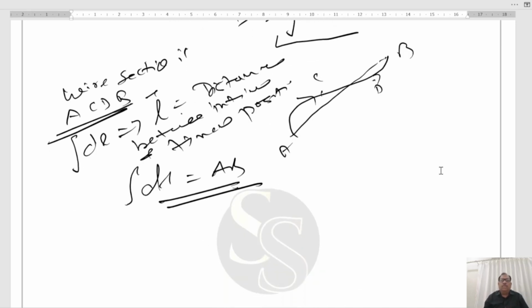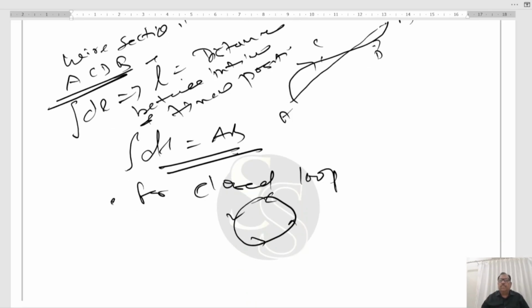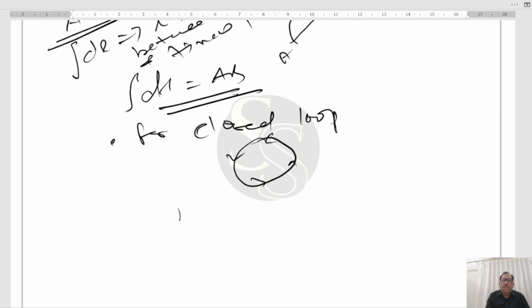Right? For a closed loop, suppose in this case a circular current is there, like this. In this case, the net force Fm is 0 and the torque is also 0.